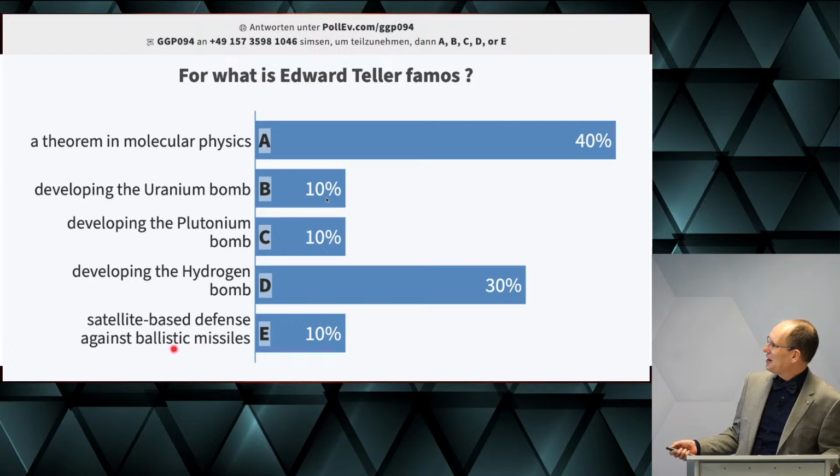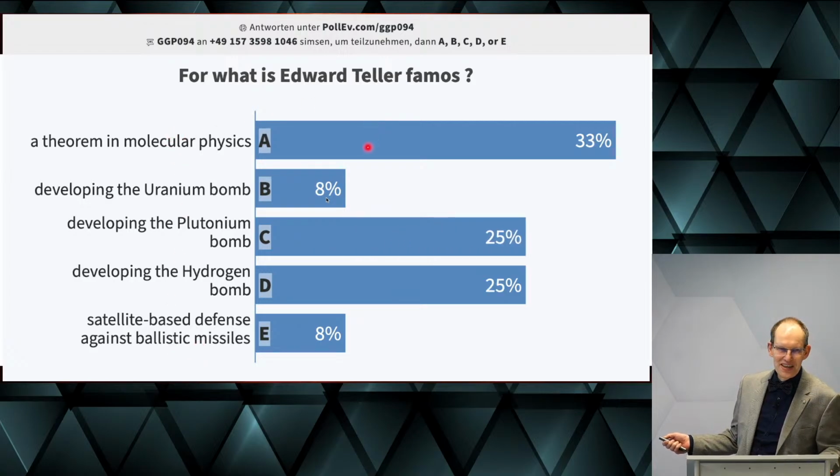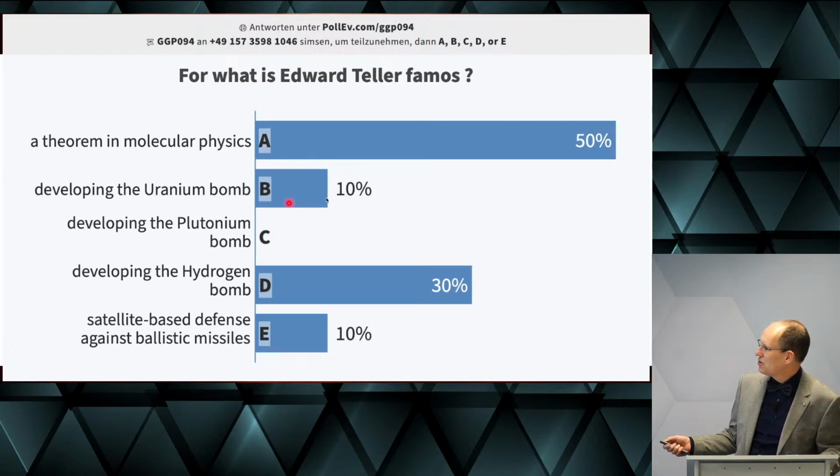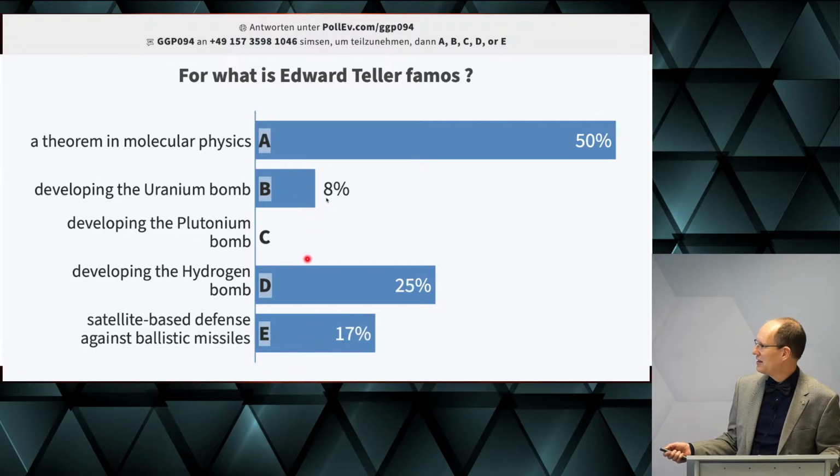He is actually famous for a theorem in molecular physics, that's true. There is the Jahn-Teller effect. He took part in developing the uranium bomb, but he was actually not a leading figure at that time. He was, I would say, just too young.